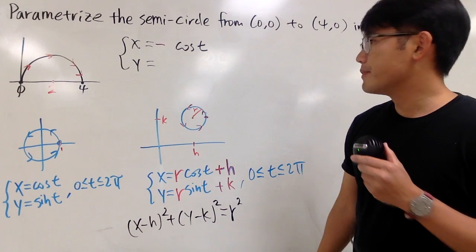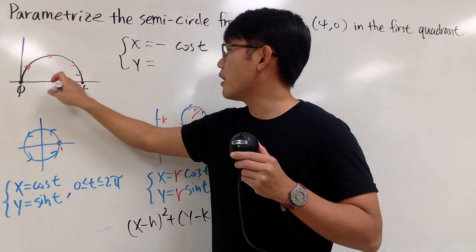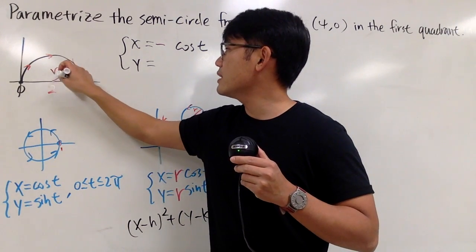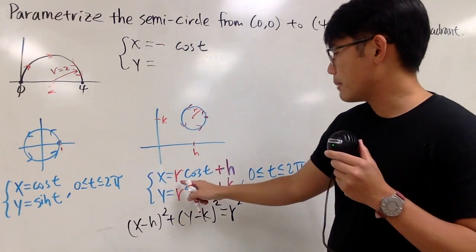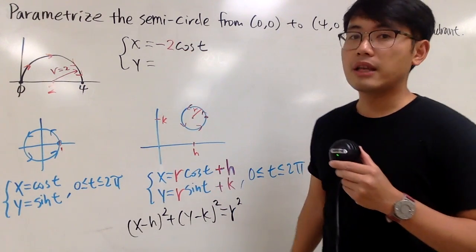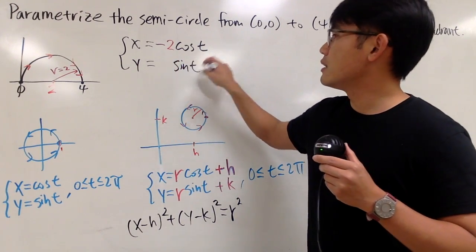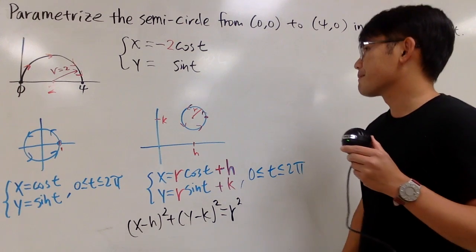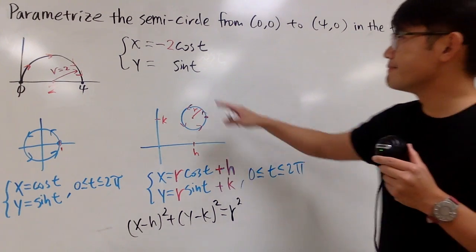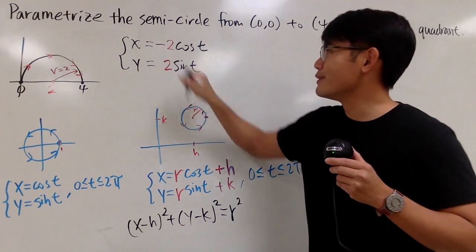And the radius right here is 2, right? The r right here is 2. Let me just indicate that. So we have to multiply by 2, like that. For the y, we still have sine. That's okay. And we still have to multiply this by 2 as well.